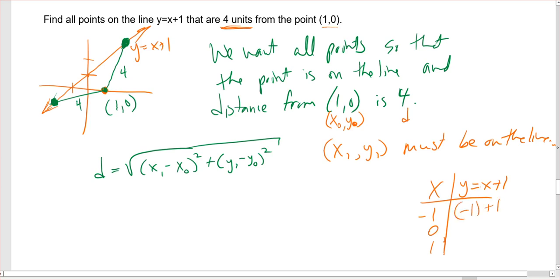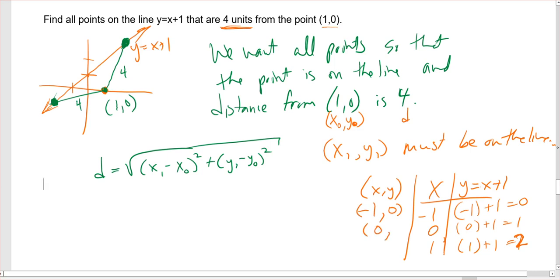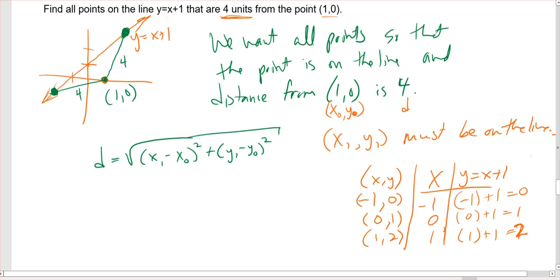So I'd have -1 plus 1, that's 0. I'd have 0 plus 1, that's 1. I'd have 1 plus 1, that's 2. Well, that gave us ordered pairs. And we can list them: (-1, 0), (0, 1), (1, 2). Those are all ordered pairs on there.